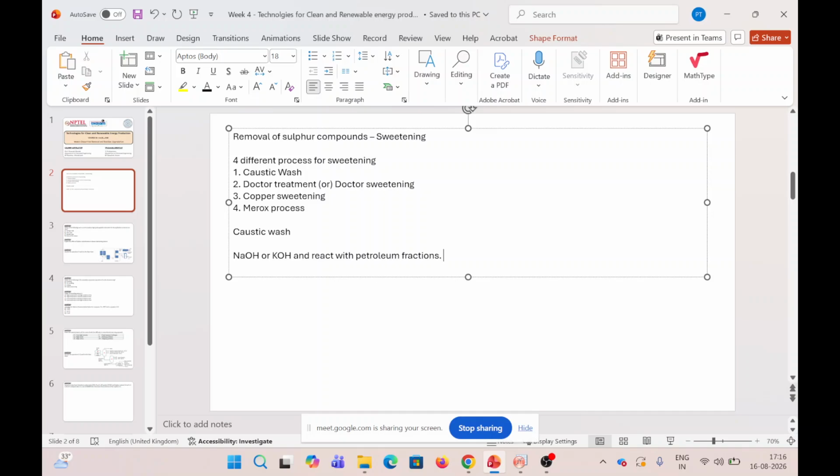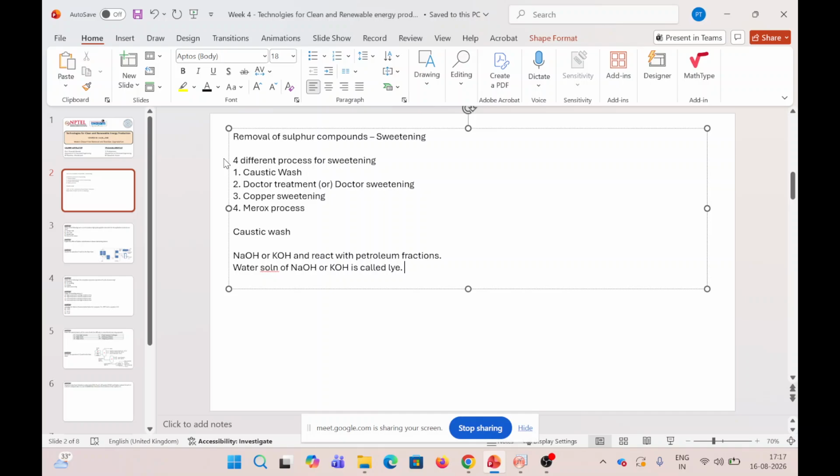Usually they are available in the laboratory in the form of pellets. We make solutions out of them. That water solution of NaOH or KOH is called lye, L-Y-E. So they have a specific term.